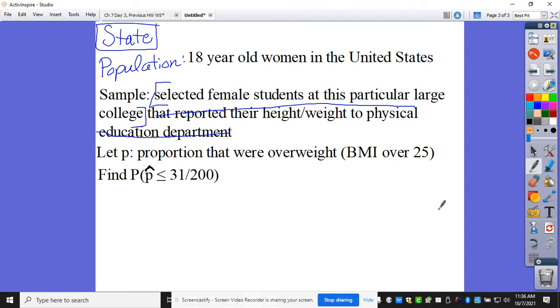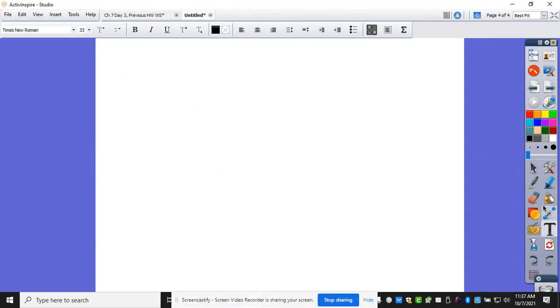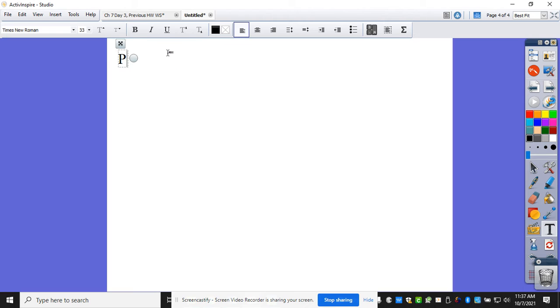Questions with state? Plan. Where do I start? 10% condition. What do I write?